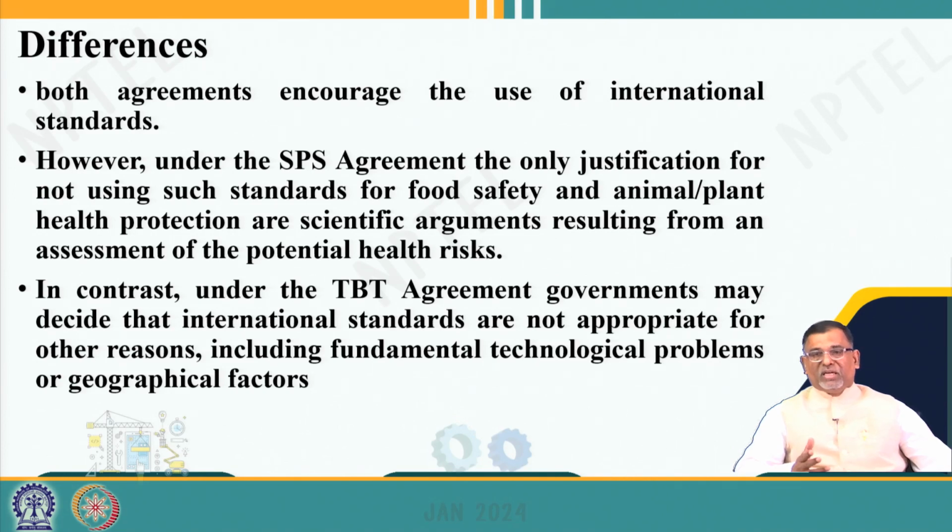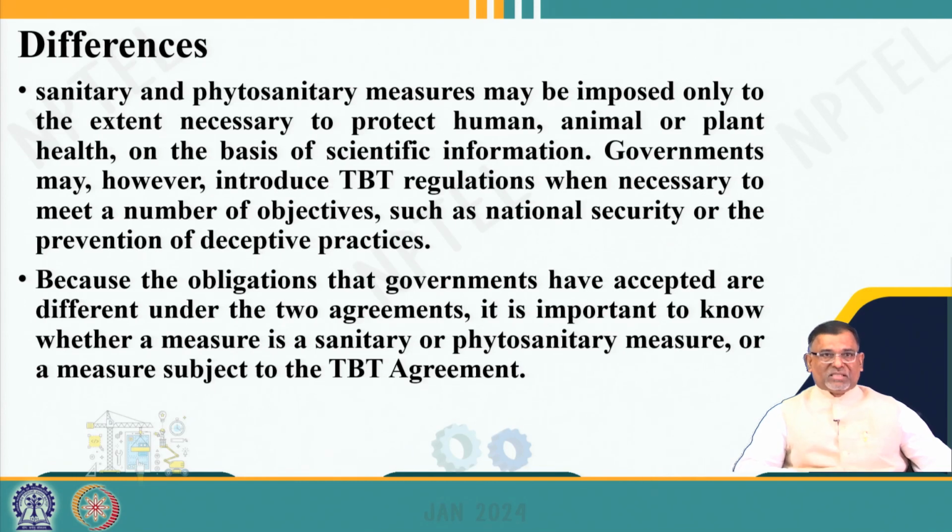Maybe they need not adopt international standards because of geographical factors, or technological problems or other reasons. The government may decide that the international standards may not be applicable, and under the TBT agreement, the WTO encourages members to adopt the international standards, but the governments have the freedom to say no to it.